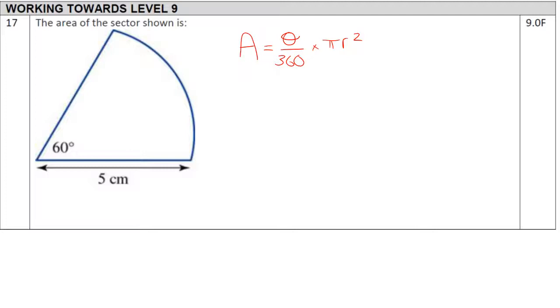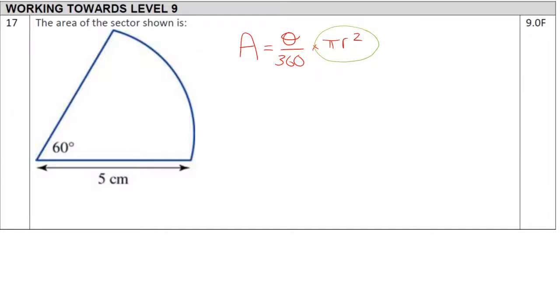Now, the reason for this, just to remind you of the meaning of it, pi r squared is the area of a whole circle. Now theta over 360 is giving you the fraction of the circle. So if we had a semicircle, which would be 180 degrees, well 180 over 360 is a half. So you'd have half of the area of a circle.